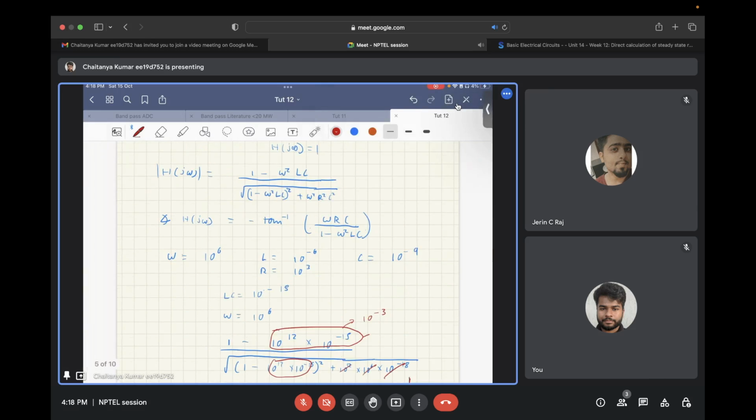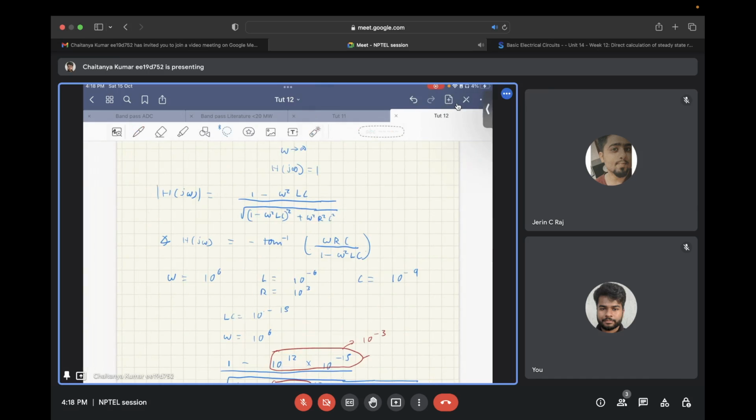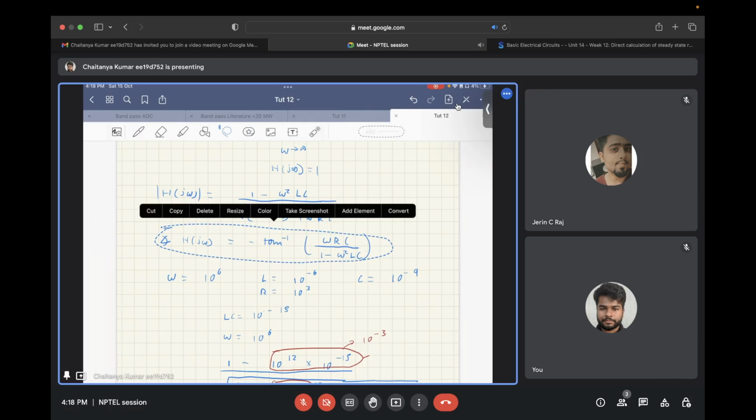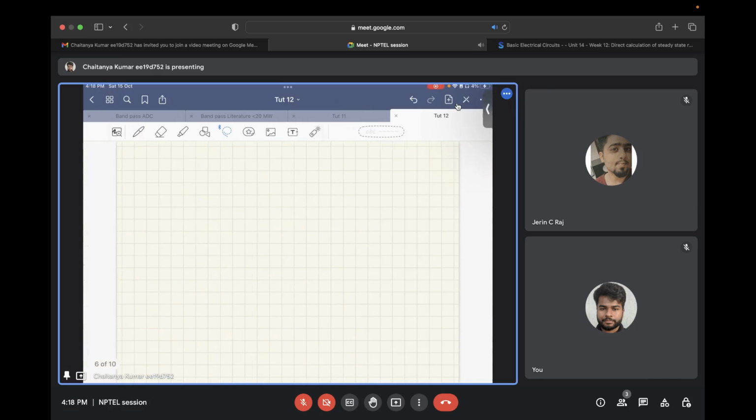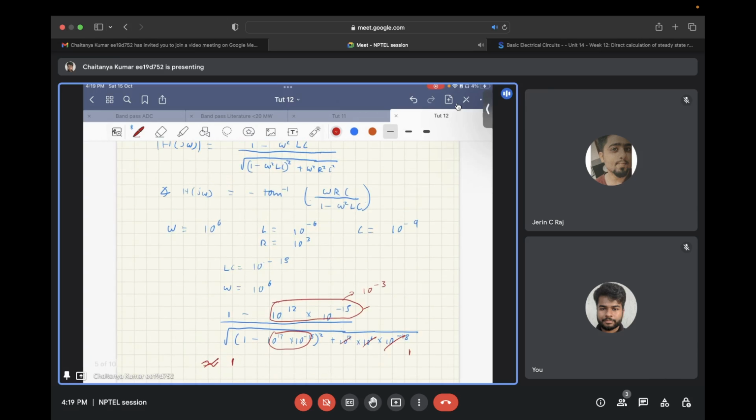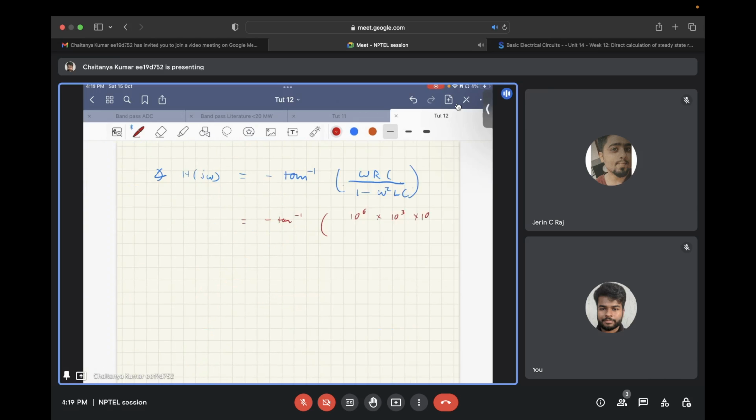So let's copy the phase response from here. The phase response will be minus of tan inverse of 10 to the power 6 into 10 to the power 3 into 10 to the power minus 9, divided by 1 minus 10 to the power 12 into 10 to the power minus 15.